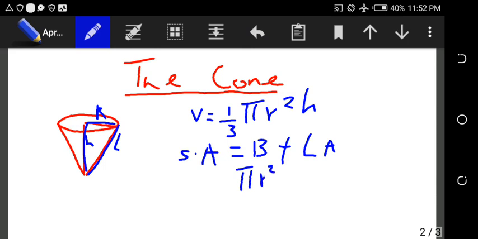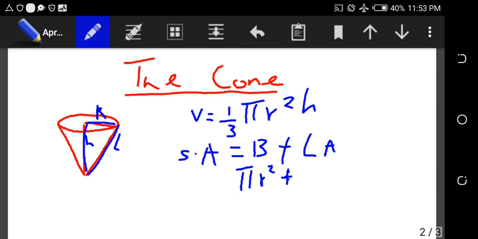r squared. Now, for us to get the lateral area, it is given by this value pi r l.